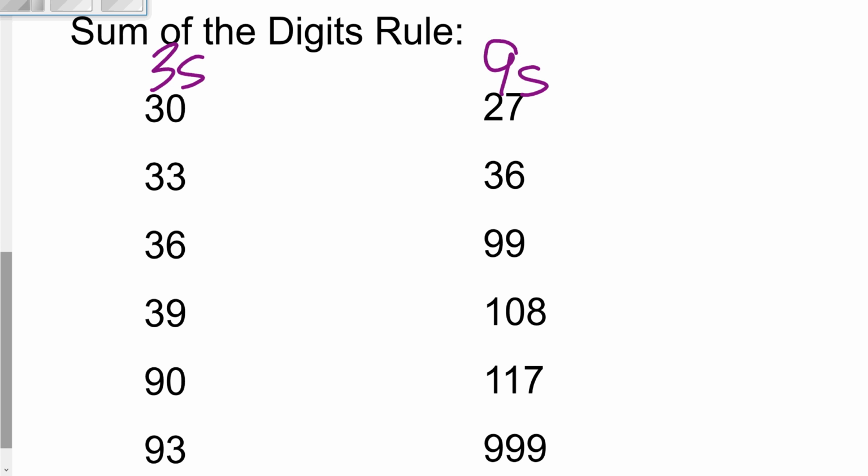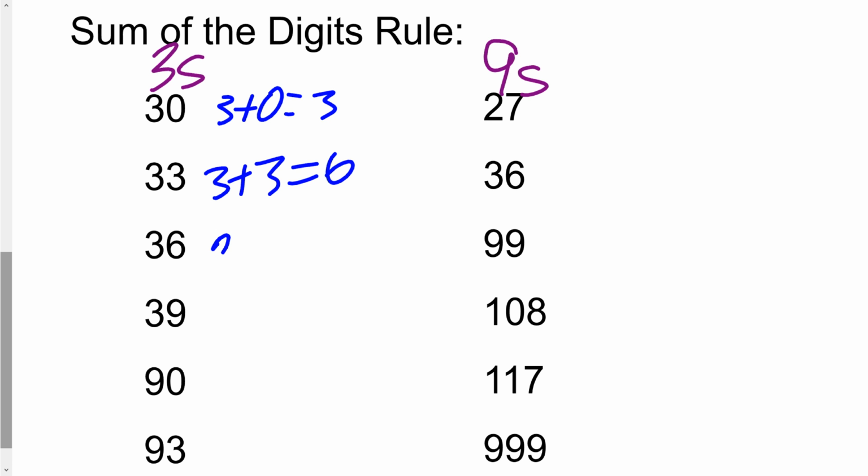So let's take a look at some multiples of 3. And if I take a look at 30, 33, 36, 39, 90, 93, these are just some samples. If I do 3 plus 0, I get 3. 3 plus 3, I get 6. 3 plus 6, I'm going to get 9. 3 plus 9 is 12.